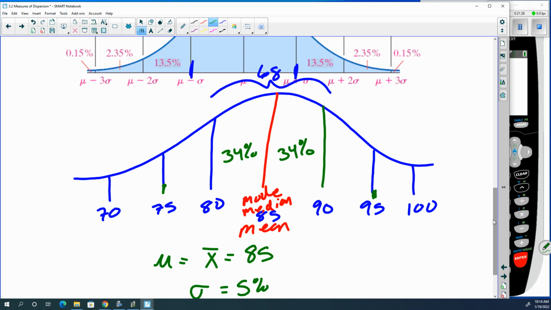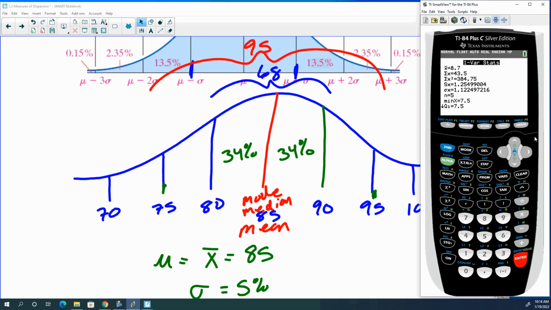Now, if they said, what percent of the class would you expect to have a score between 90 and 95%? Well, I know within 2 standard deviations of the mean is 95% of the data. Everything in this curve adds up to 100%. So first, I go 95 minus this 68% middle part, and then I would be left with the total percent between 75 and 80 and between 90 and 95.